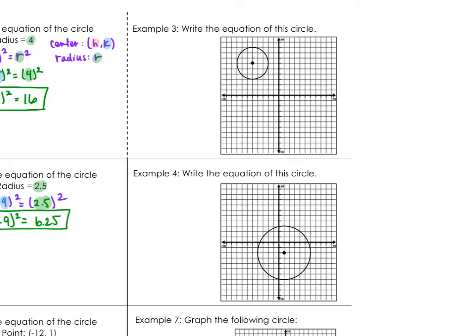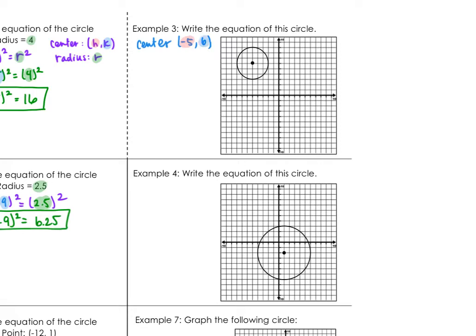Looking at this example, the center of my circle, counting from the origin, is going to be -1, 2, 3, 4, 5, so -5. And then we go up 1, 2, 3, 4, 5, 6. So my center is (-5, 6). That gives me h, and that gives me k.